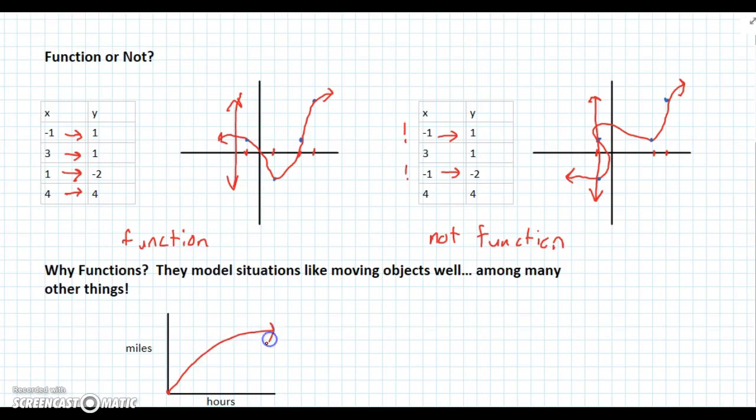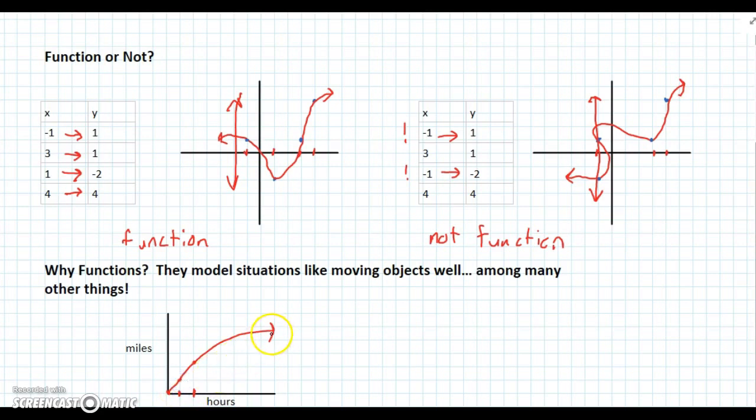Maybe this is the case, right? And so this is a function. At any given time during your walk, you can go find the exact distance you are, or that you've traveled, right? And you're only at one place at a time.